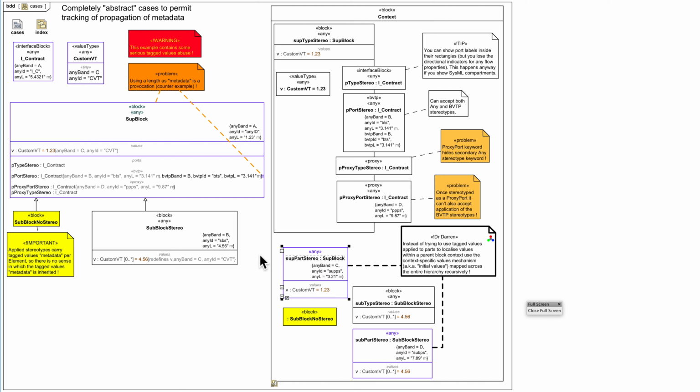We are looking at the values. Now, have a look at this one. There's our value shining through from the classifier using the SysML compartments. There's the value with its default 1.23, and the value is showing through.